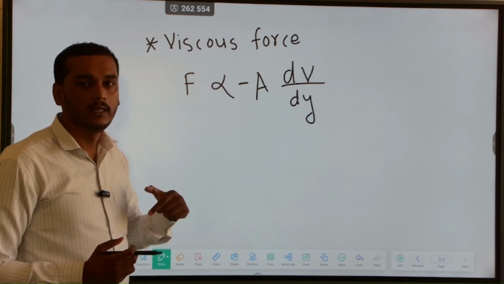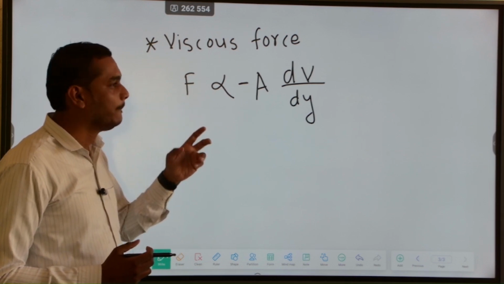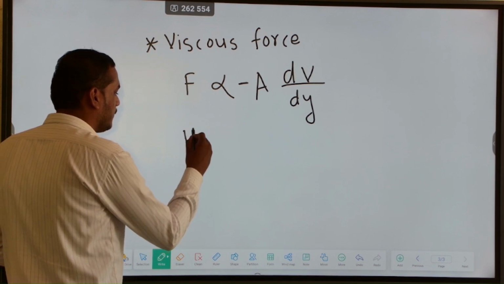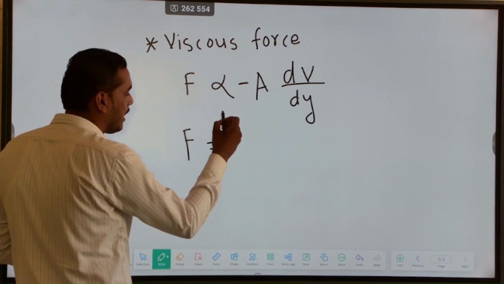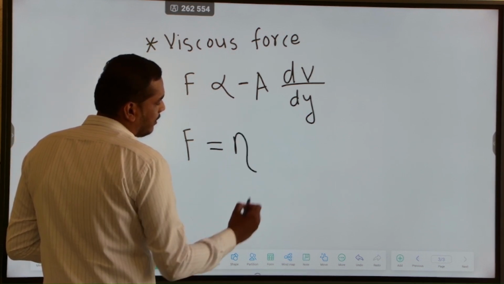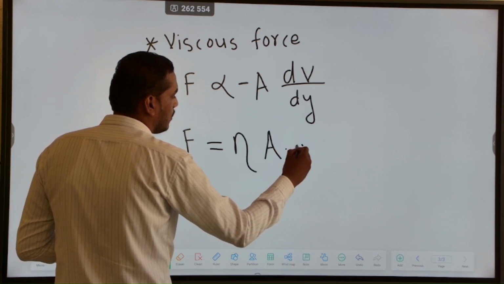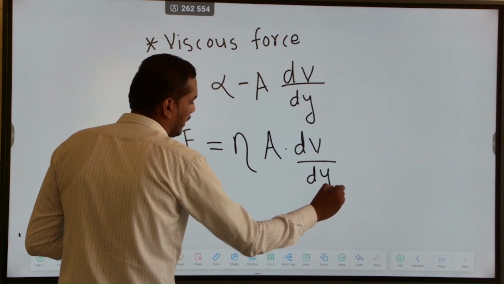Now, I will remove this proportionality by a specific constant, let it be eta. Then F is equal to minus eta A into velocity gradient dv by dy.